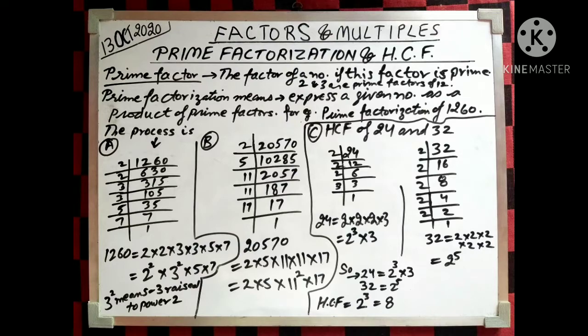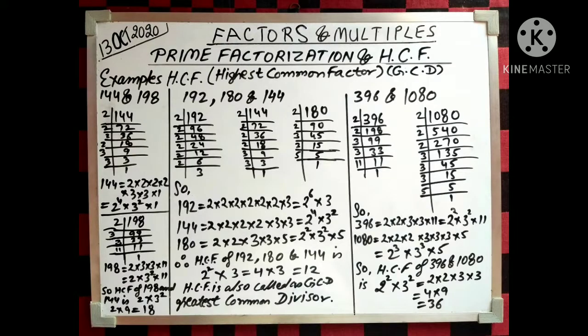That means 8 is the greatest common divisor for 24 and 32. So we have understood that the highest common factor and the greatest common divisor, HCF and GCD, are one and the same thing.